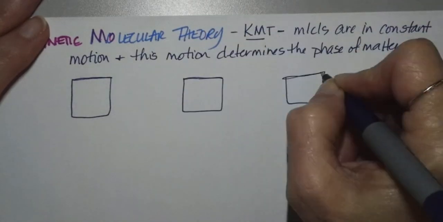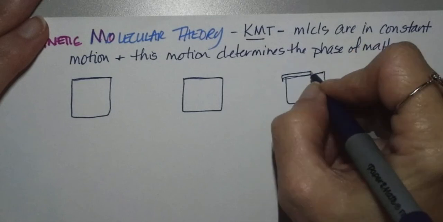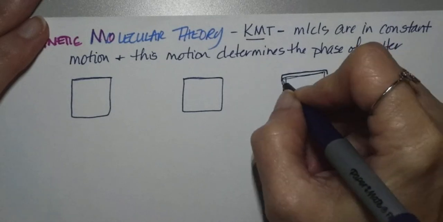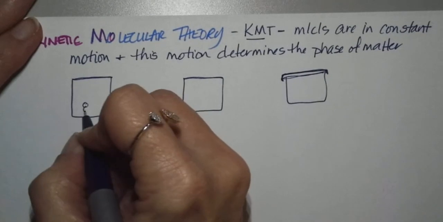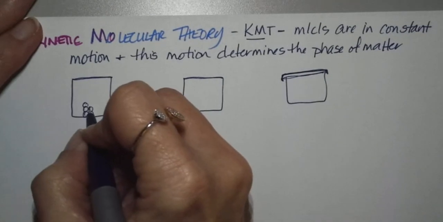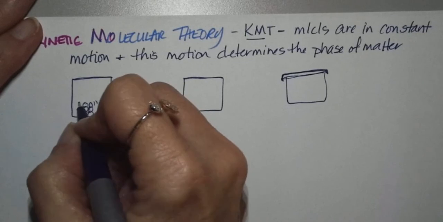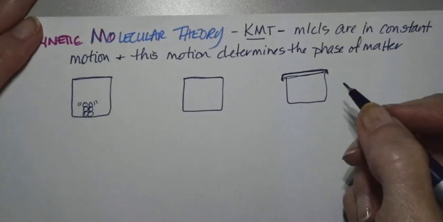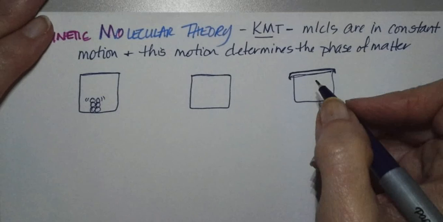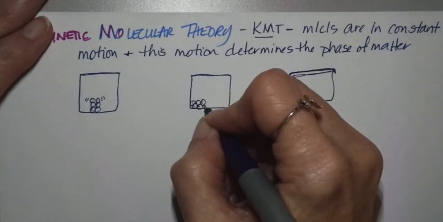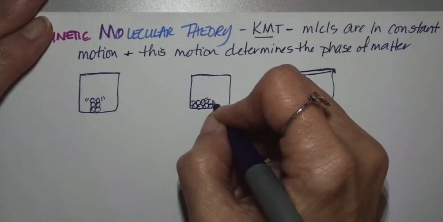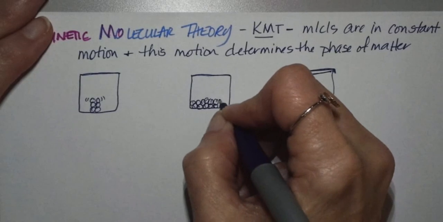So we have a solid, and I'm going to put little quotation marks, because that generally shows that it's vibrating. We have a liquid that takes the shape of the container, and they're moving all over the place with each other. And a lot of times we use a little arrow curved around to indicate that they're moving all over the place.